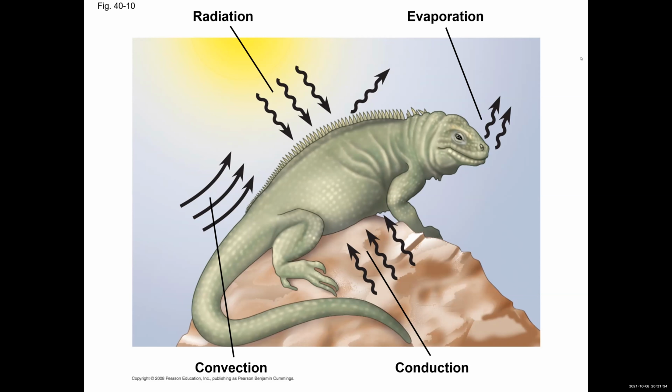And all animals are going to have some evaporation when we're breathing, right? Because the inside of the lungs is coated with that mucus, so there's water on the surface. As we're taking air in and then exhaling it, some of the water from that surface coating is going to go with it, right?